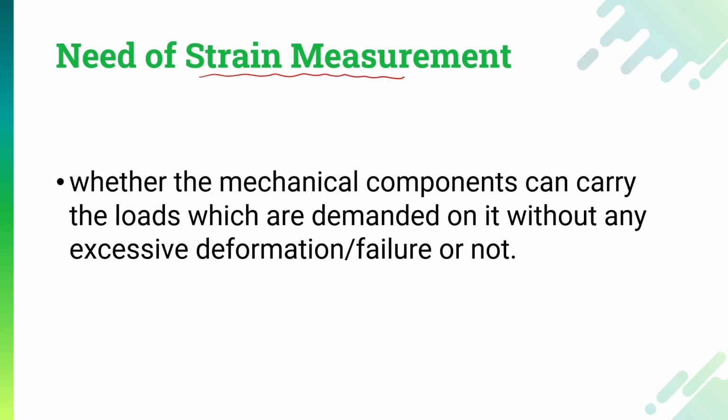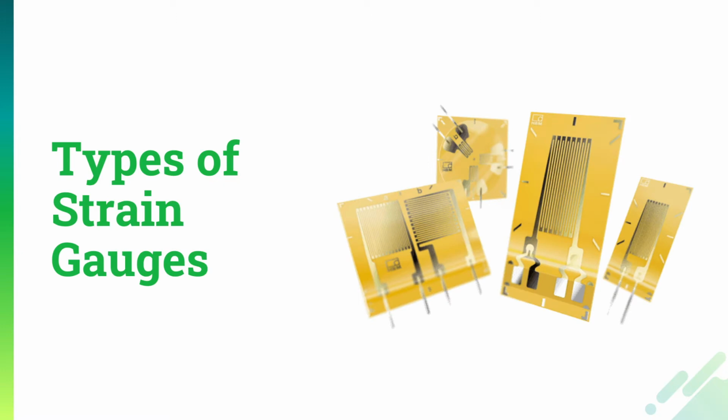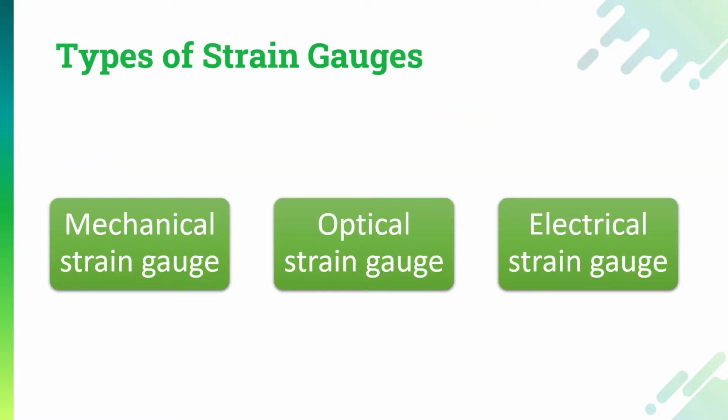So let us start with the types of strain gauges. There are basically three categories of strain gauges. The first is mechanical strain gauges, second are optical strain gauges, third are electrical strain gauges.